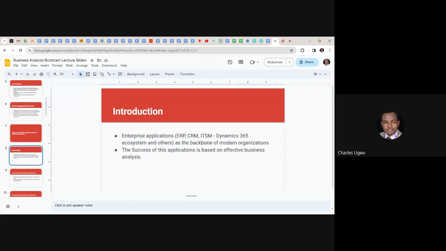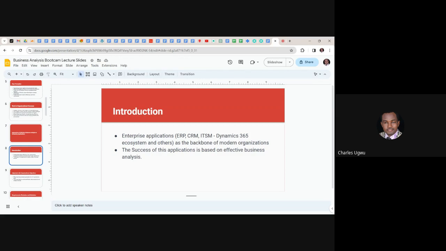Number one is Microsoft. Any place, any country, any organization, any sector, any industry, they must be using one Microsoft application or the other.